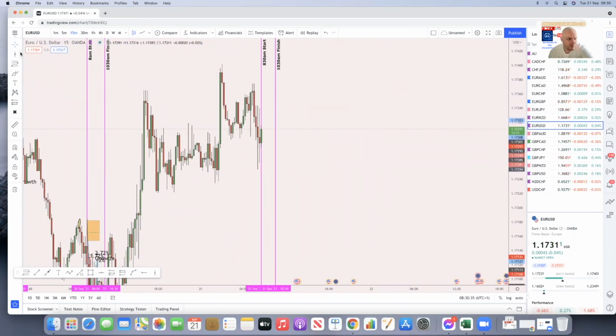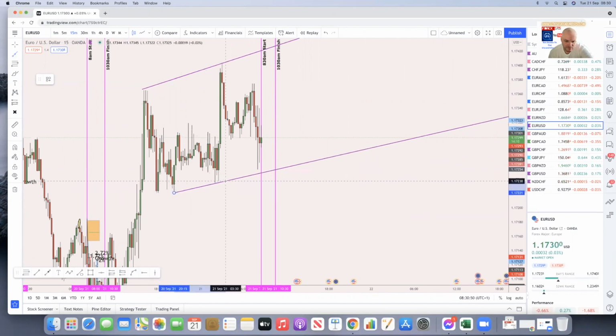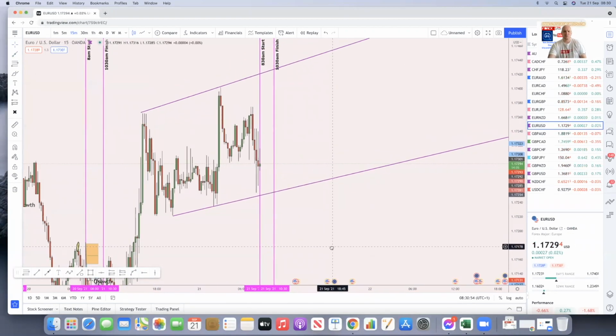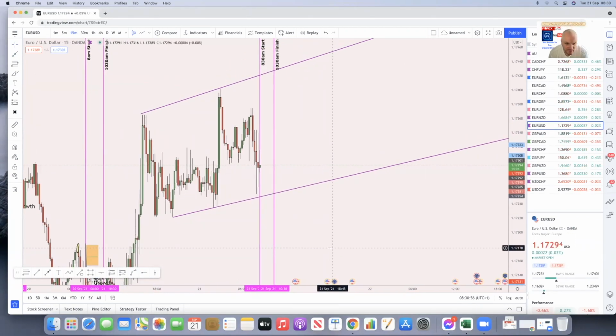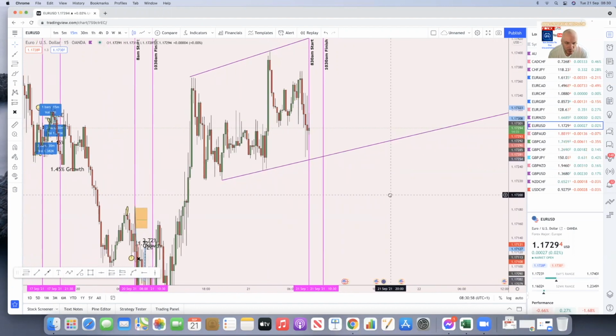Right, so at the moment, certainly heading there. So we've got that there. We've got a rear and a flag. We've got a bit of an upward trend on the 15 minutes.